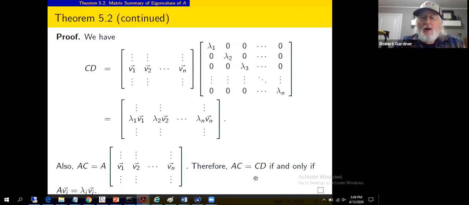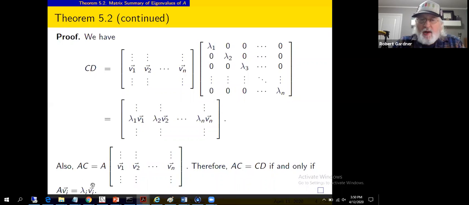So we get that equality if and only if we get this relationship here between matrix A and the vectors v sub j and the scalars lambda sub j. Well, that rings a bell. That's totally eigenvector and eigenvalue stuff. In other words, we're getting equality if and only if this occurs.